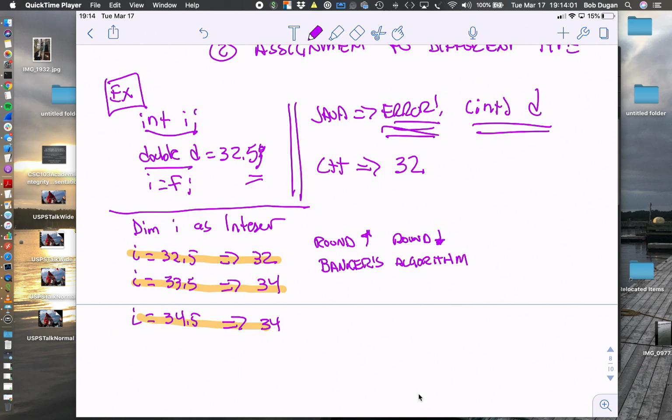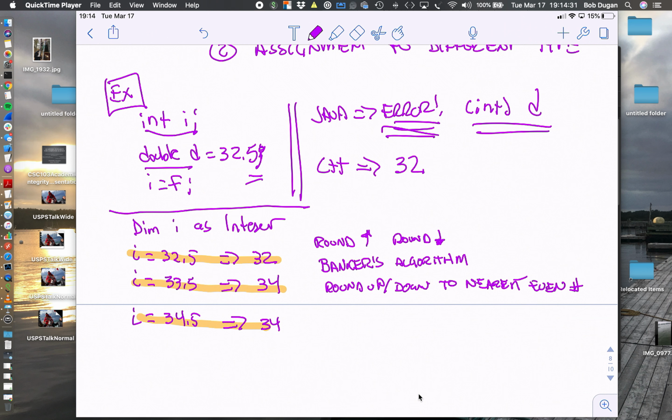So the banker's algorithm basically says round up or down to the nearest even number. All right. Now, why would you do that? Well, think about this.